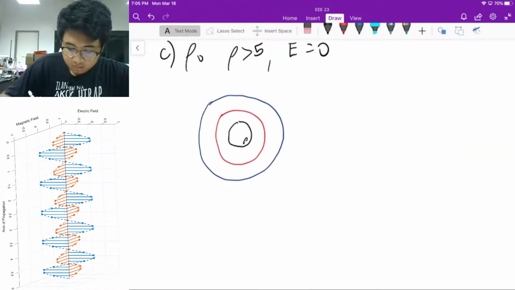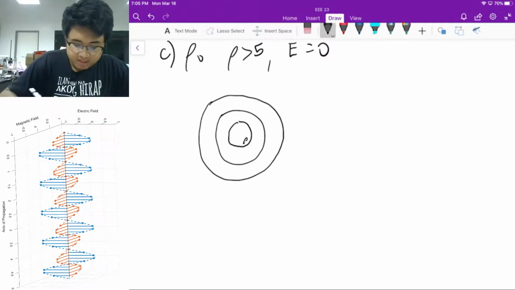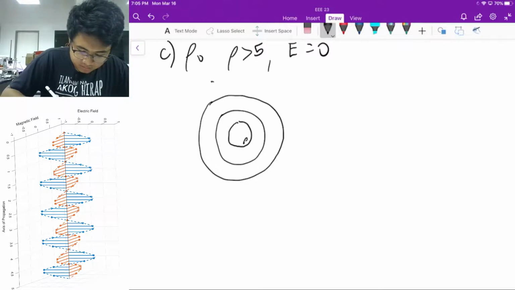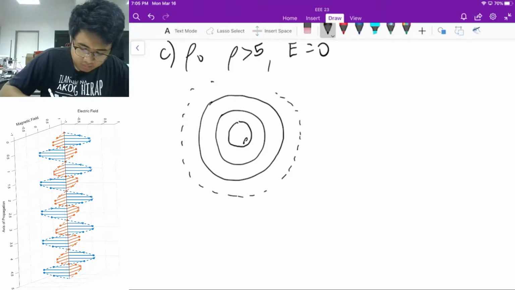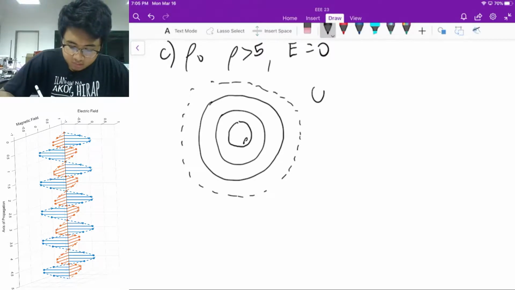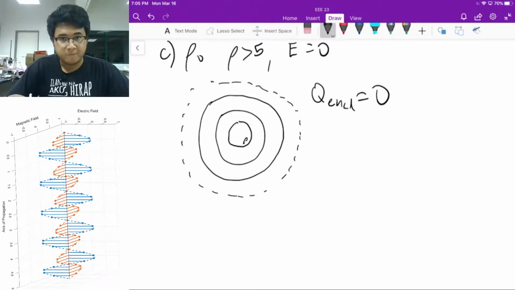So to make the electric field outside this system 0, our Gaussian surface, totally enclosing the charge distribution, should have a charge enclosed equal to 0.